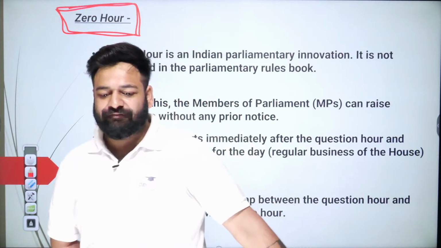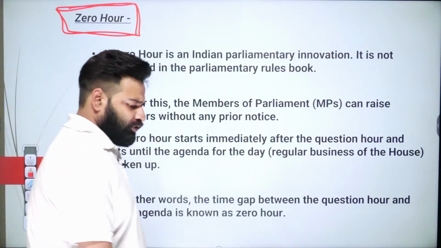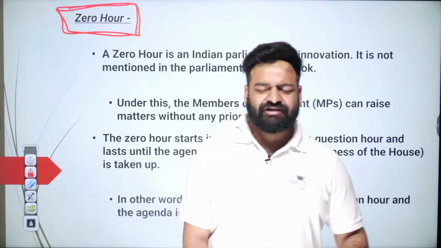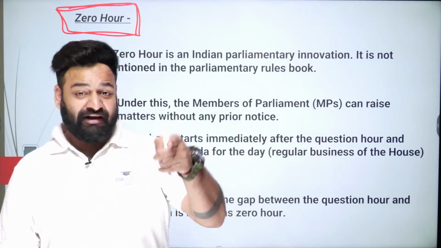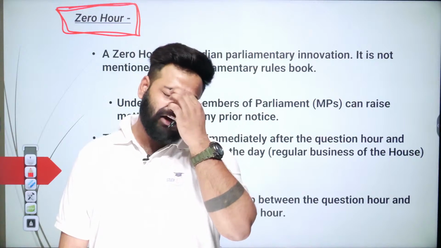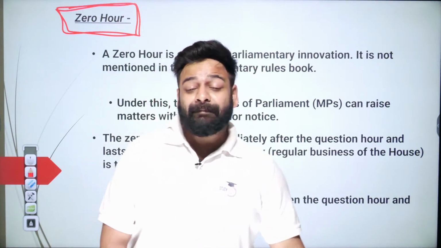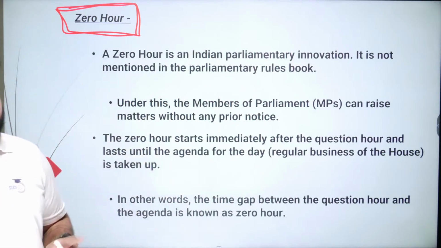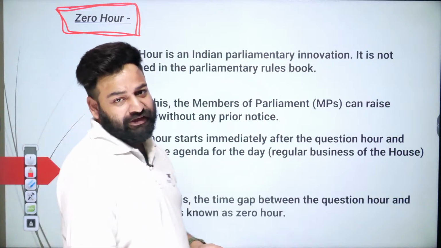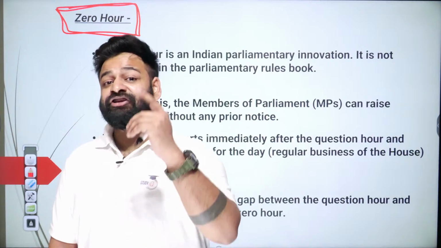Let's say, for example, Parliament started its proceeding at 10 a.m. So from 10 a.m. to 11 a.m., this first hour will be considered the question hour. Immediately after that 1 hour has ended, the next thing is what we call the 0 hour.